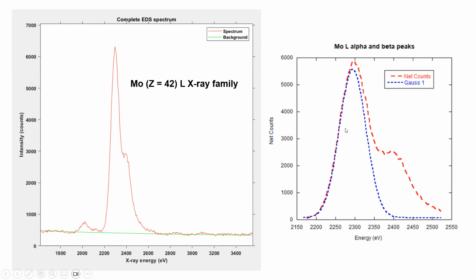Once we have the one associated with the alpha peak, it's the same idea. We figure out the full width half max, and we just compute the area under the curve between the full width half max, from left to right. Then we use that for our I net for that element.